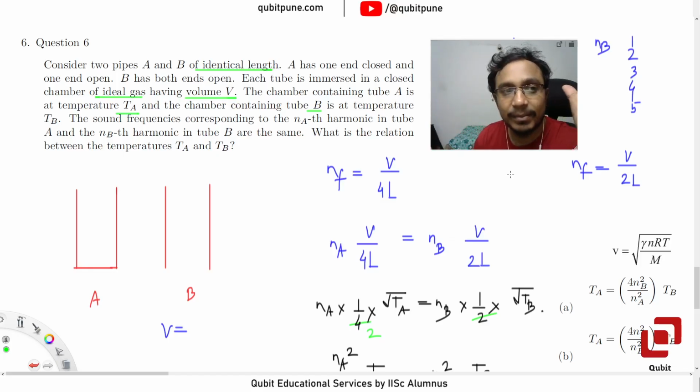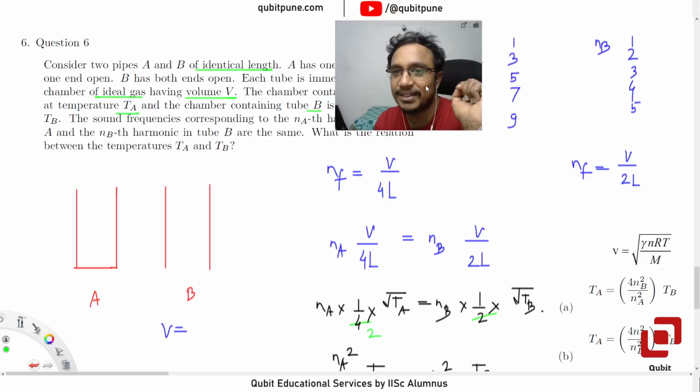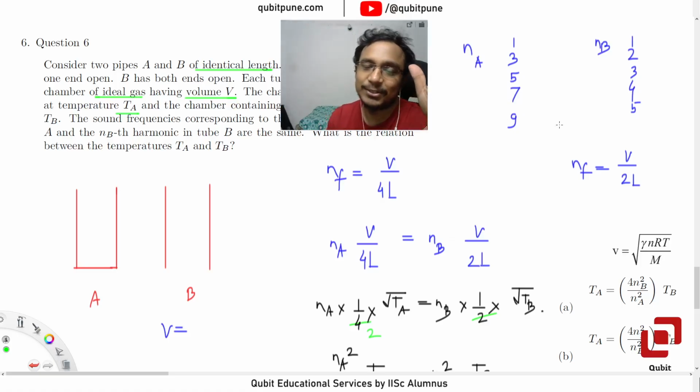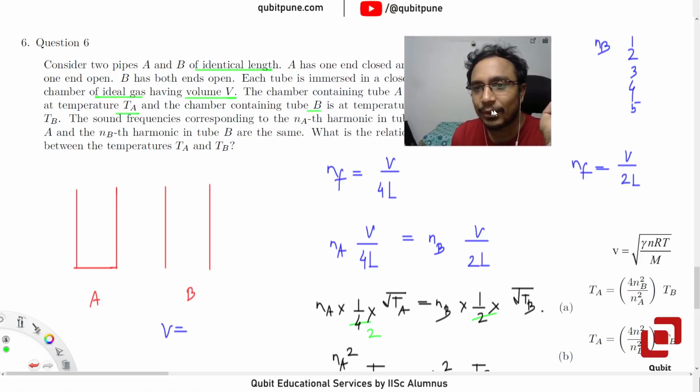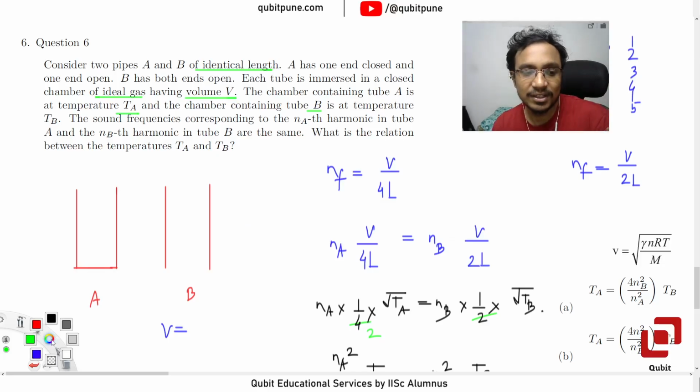But when the pipe is open only at one end and closed at the other, we know only odd harmonics are present. So I initially tried to make a list of that, you can see. लेकिन बाद में मुझे realize हुआ कि उसकी ज़रूरत नहीं है. All you had to do was first write down the expressions for the fundamental frequencies for the pipe closed at one end and open at both.